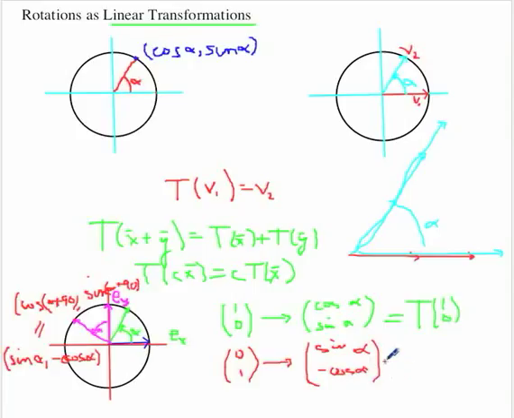So we see that, and of course this is just our transform on that unit vector. So I can really write this transformation as a matrix. I'm going to clear things off here now and just write it.